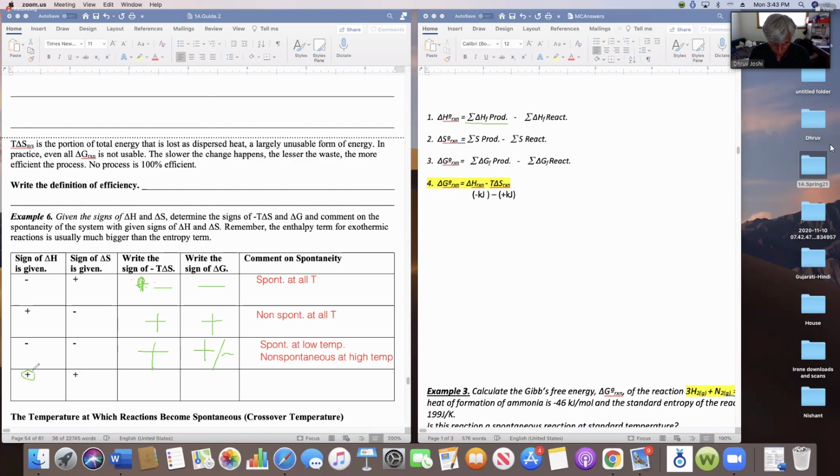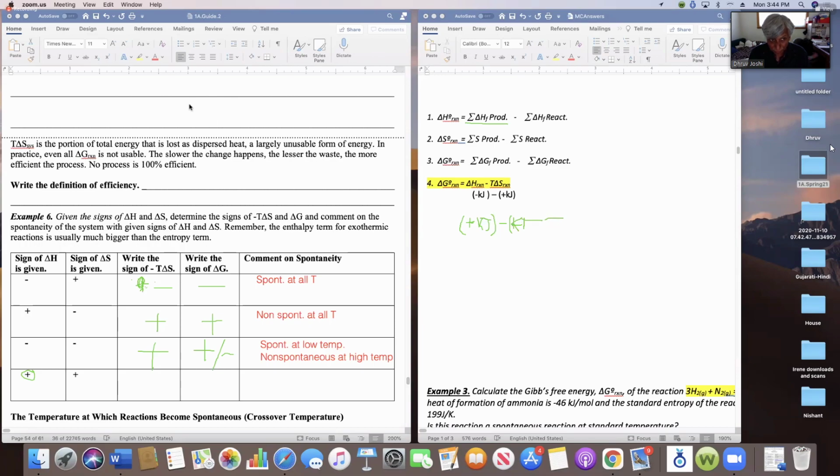Now, the sign of delta H is given as positive, so we're going to write down positive kilojoules. The sign of delta S is given as positive, so this is positive inside, but with the minus sign, this is going to be negative kilojoule.